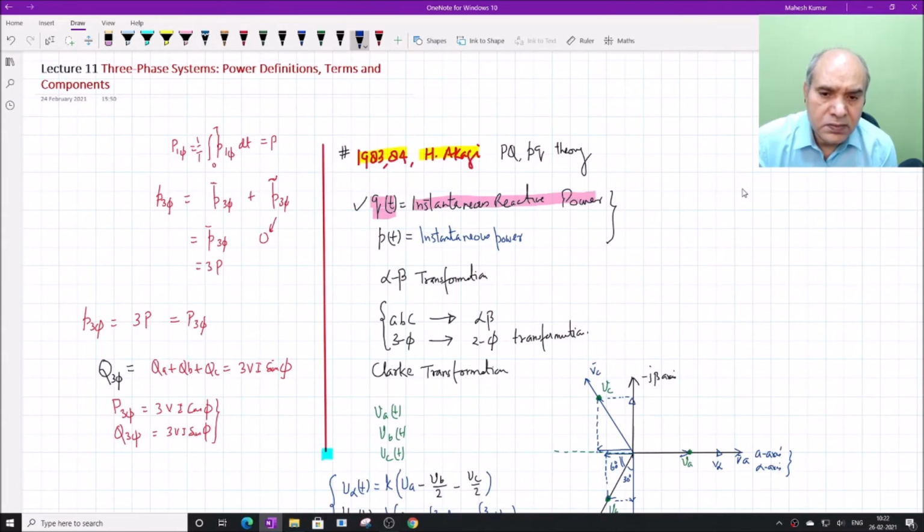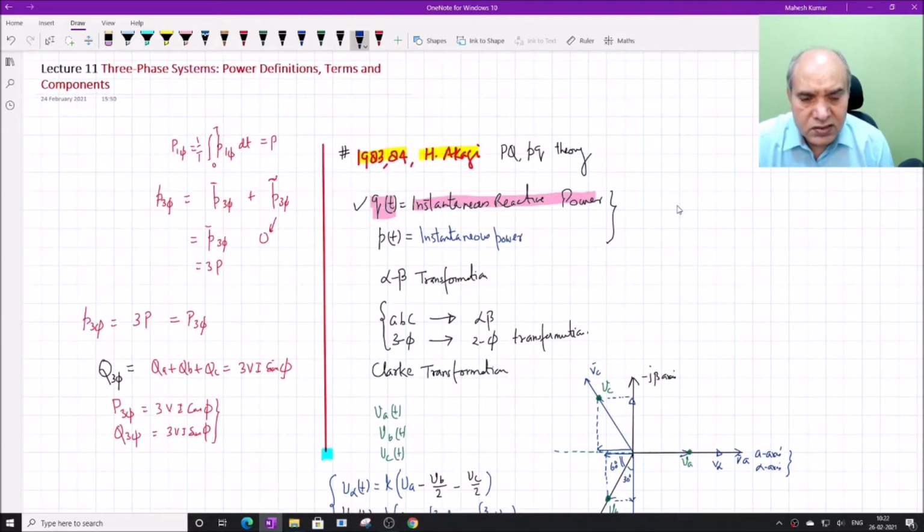This term QT, denoted as instantaneous reactive power, has drawn much attention all over the world, and researchers have significantly focused on this issue and have given different theories based on that. We will discuss this concept and its extensions later on.